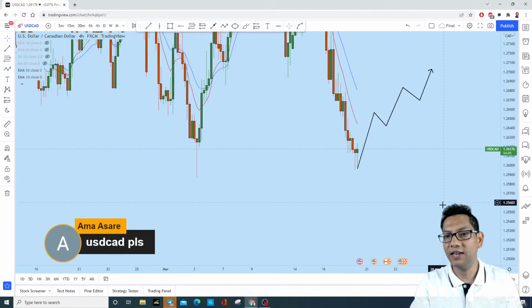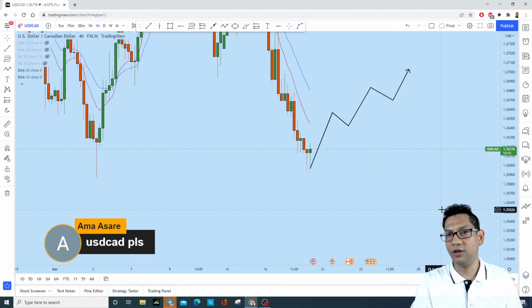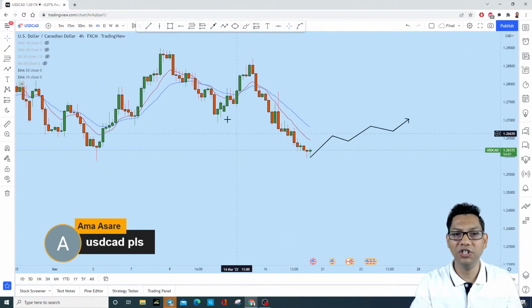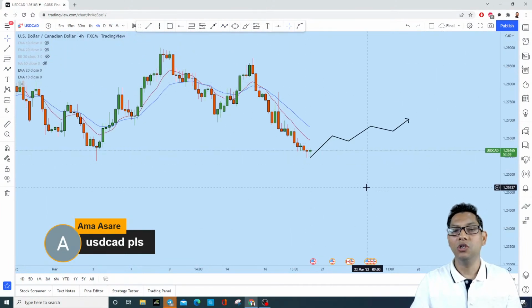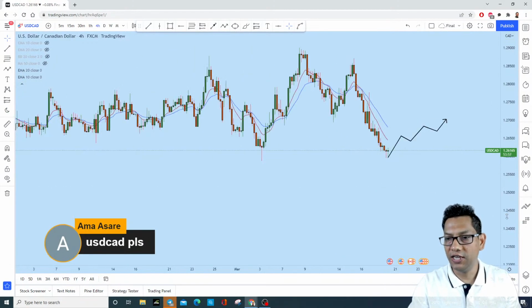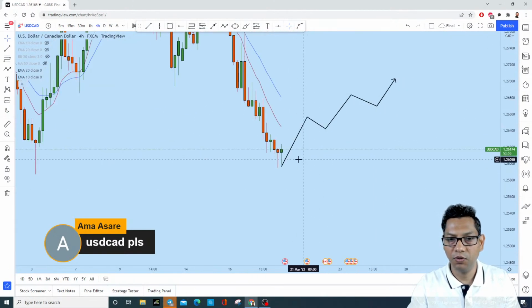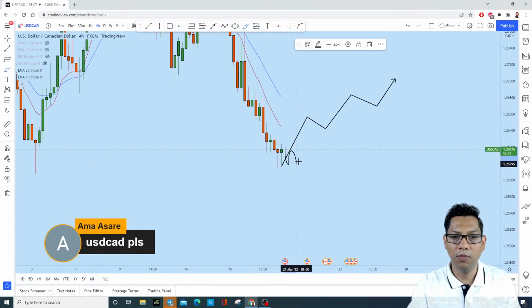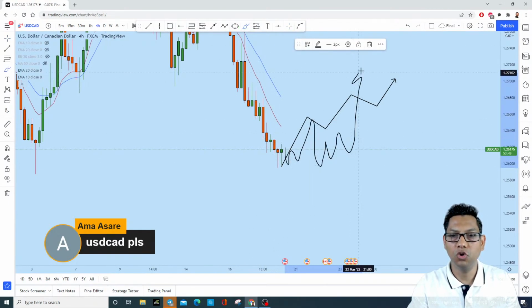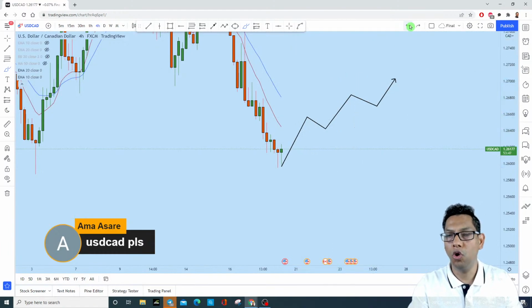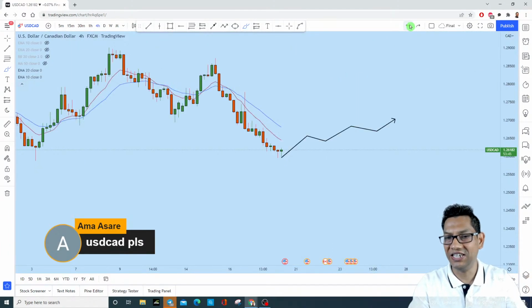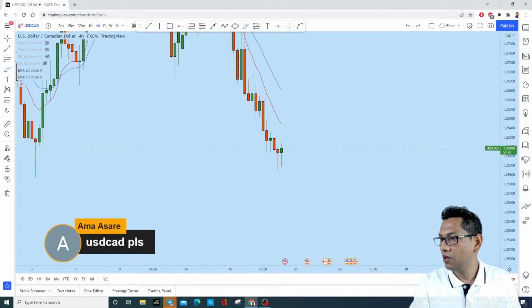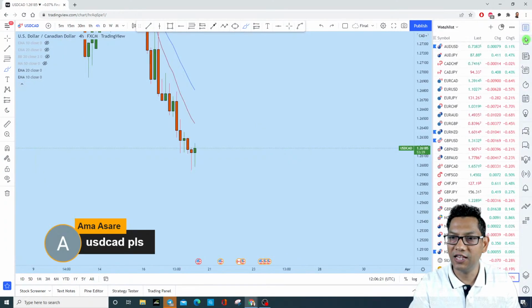So USD CAD looks to be bullish, but the bearish move is still continuing, right? So we have to see a reversal pattern here. Plus we need to see a double bottom or an inverted head and shoulders to go long with USD CAD. So let's see what else we can cover for today's analysis.